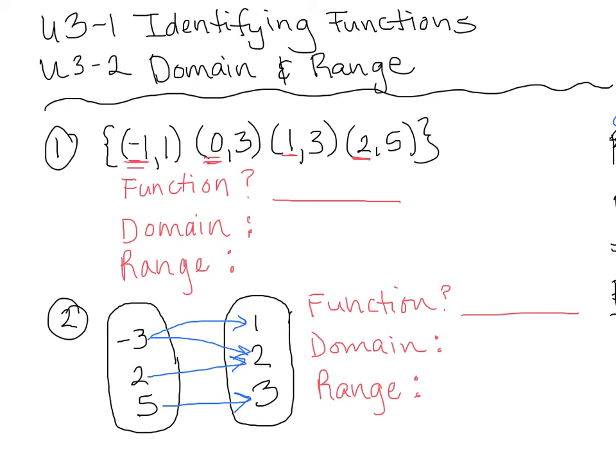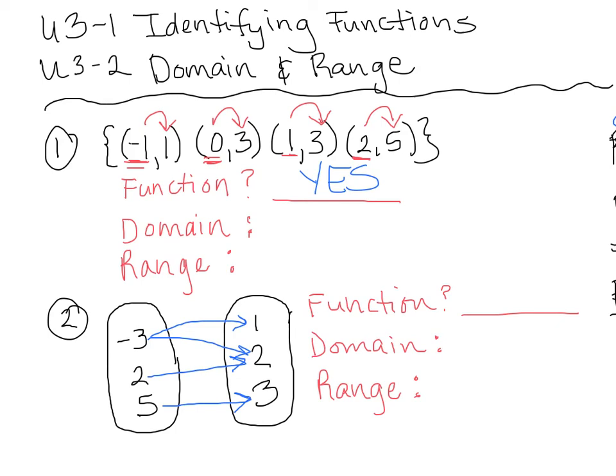So that means -1 is only paired with one value. 0 is only paired with one value. 1 is only paired with one value. And 2, same thing. So the answer here for a function is yes. Each x value is only paired with one y value.